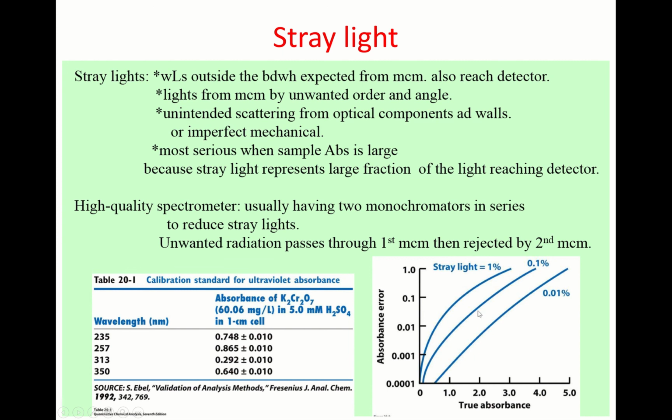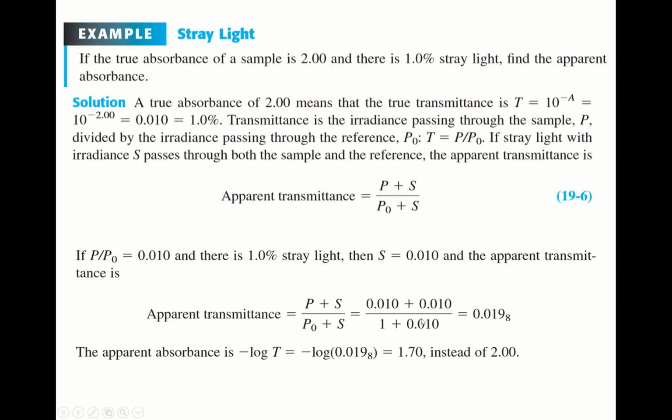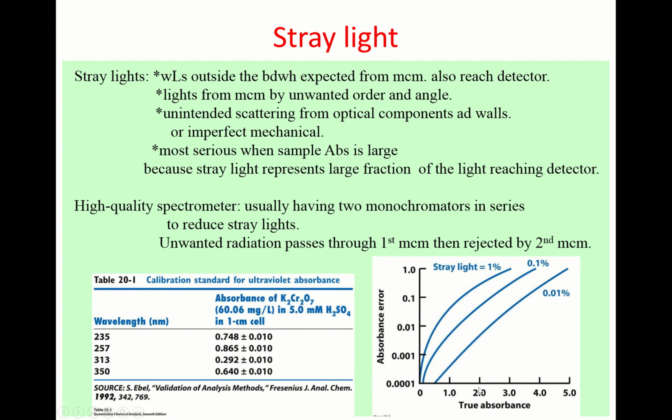Now here is an example. This example shows how stray light makes error in true absorbance. If the true absorbance of a sample is 2 and there is 1% stray light, find the apparent absorbance here. The absorbance error here is what?